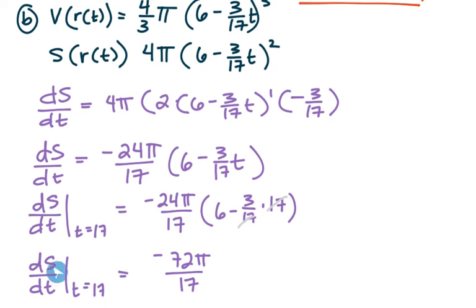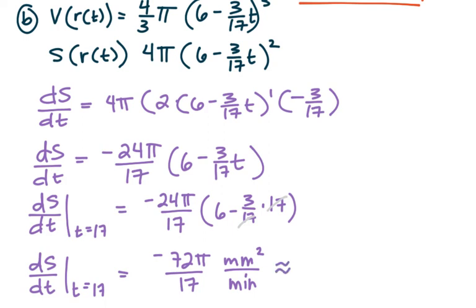Now, if we think about our units here, we have S over T. S is surface area. Area is units squared. So we have millimeters squared per, surface area over time. Time is in minutes. So millimeters squared per minute.